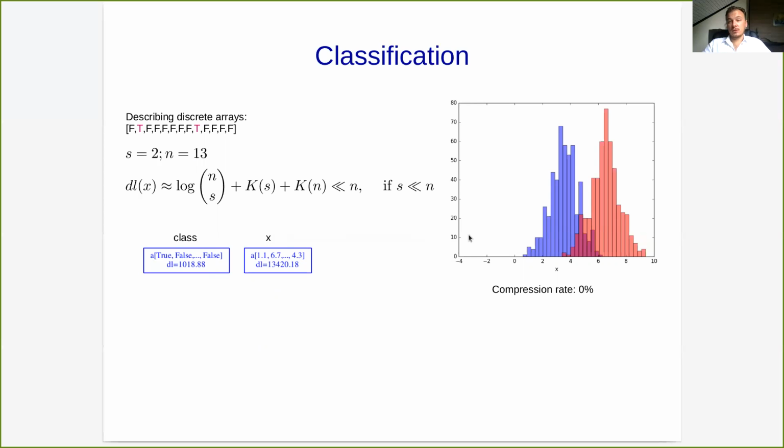And if the number of truths is really lower than the falses, then you will get a much lower description length. Essentially, in the extreme case, if you have only 1 true value, you can just specify its index, and you get a logarithmic description length. That's the reason why it's advantageous.